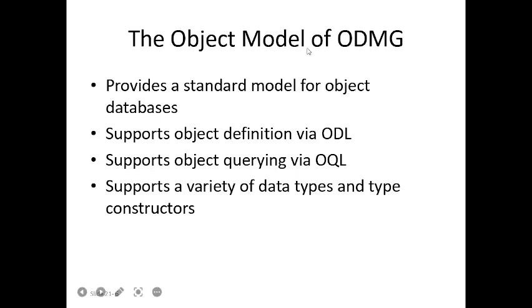It is a standard model for object databases, and it supports object definition via ODL, supports object querying via OQL, and supports a variety of data types and type constructors.